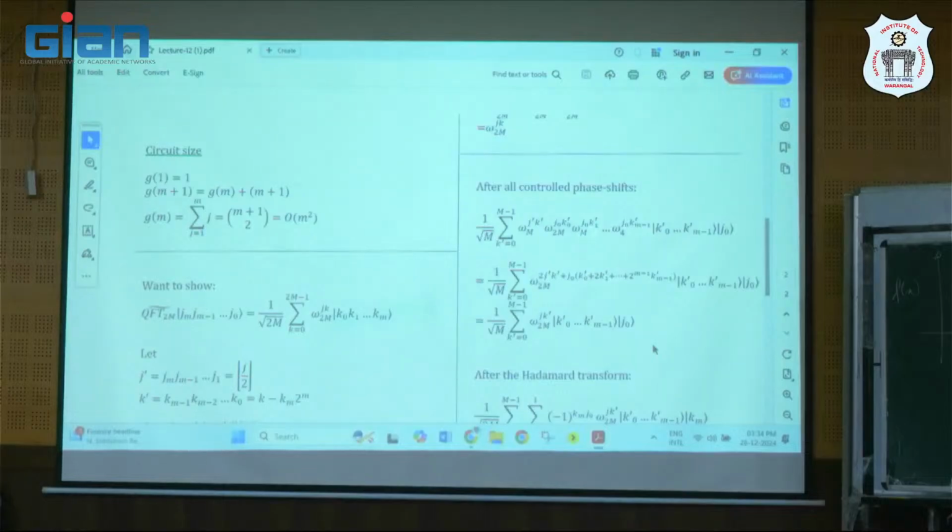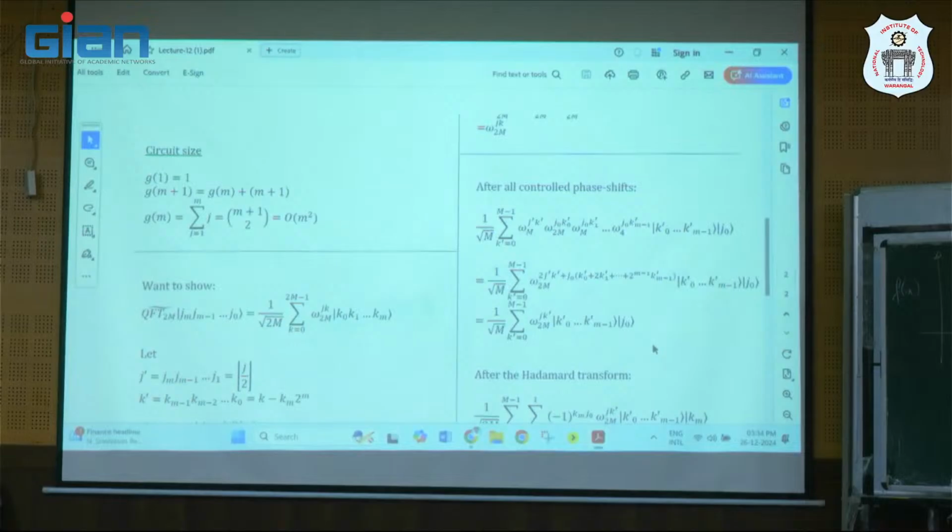Again change it to 2m. This becomes 2j naught k1 prime. Agreed? Again this one will be m over 2, multiplied by 4. Here, all the way to 2 to the m minus 1 k prime m minus 1. Agreed? Same formula. Any questions?